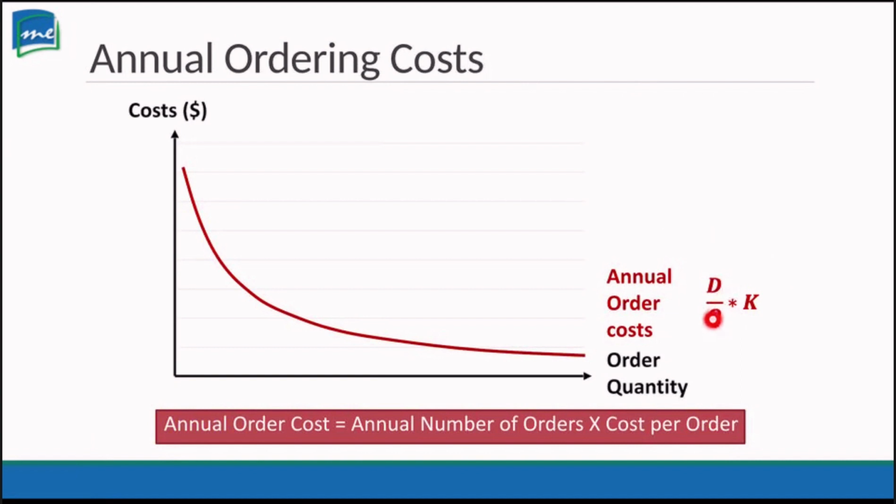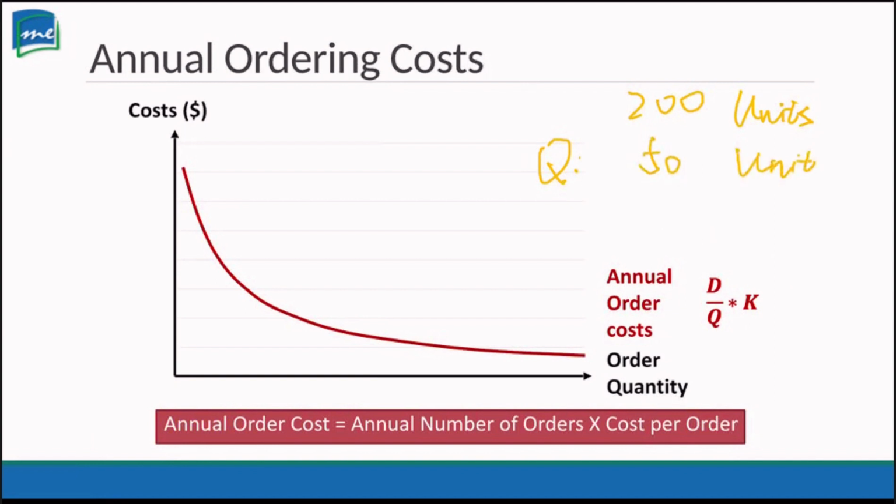So if we know the annual demand, for example, the annual demand is 200 units, and we know every time you place an order, you can order 50 units.